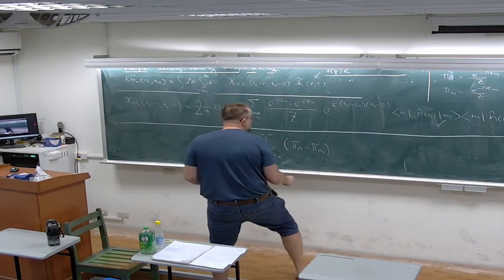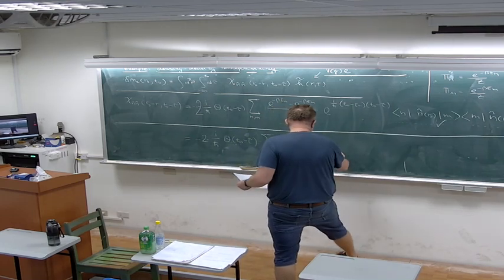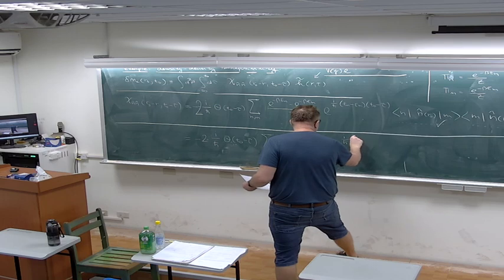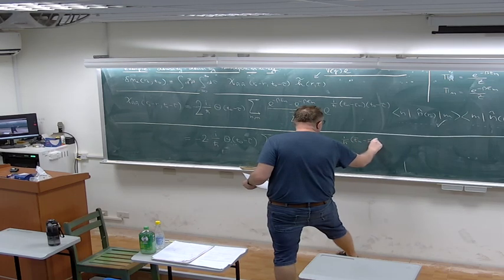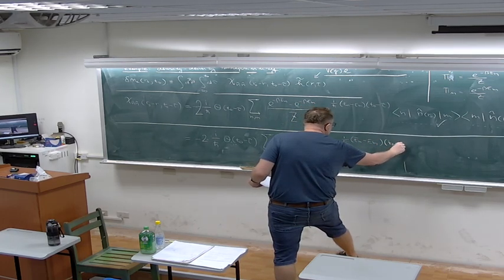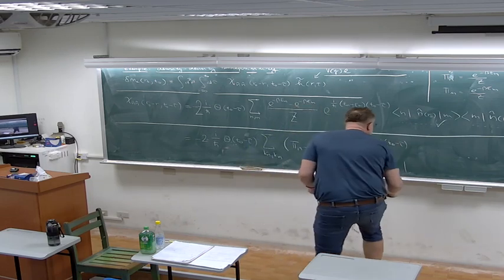Super good. And now I have all the time dependence. The time dependence is here, E to the energy N minus energy M, E0 minus tau. Great. And now I'm plugging in these things which I derived.